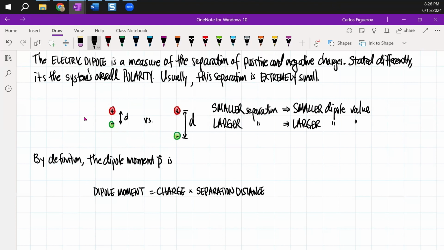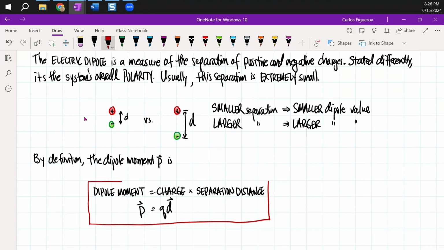Symbolically, it's written as p, it's a vector, the value of the charge times the separation. So there's our definition of the dipole. If I look at the units, a unit of dipole moment is equal to a unit of charge times a unit of distance, so therefore it's a Coulomb meter.